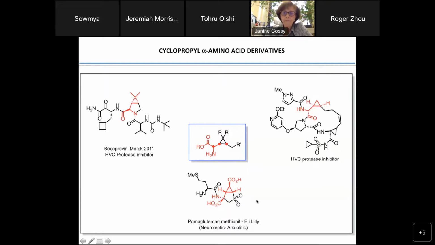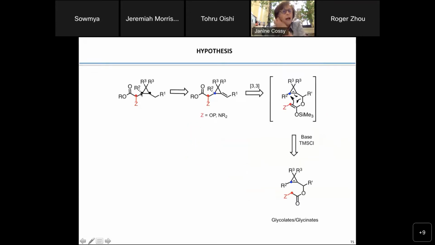So how can we synthesize this compound, which has 3 stereogenic centers that have to be controlled? Well, we have envisaged synthesizing this kind of cyclopropane, either with a hydroxy group in here or an amine. If you have a hydroxy group, for example, you can replace it by an amine using a Mitsunobu reaction.